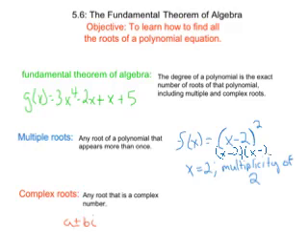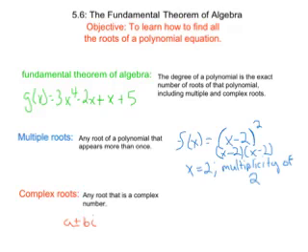Now remember, to solve for these quadratic equations, we would have to use the zero product property, set each of these factors equal to 0. Well, here x equals 2 is the 0 for both of these factors. So that means that x equals 2 is a multiple root of multiplicity of 2 because it shows up twice. So that's what a multiple root is.